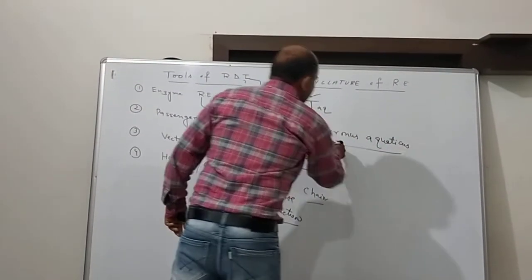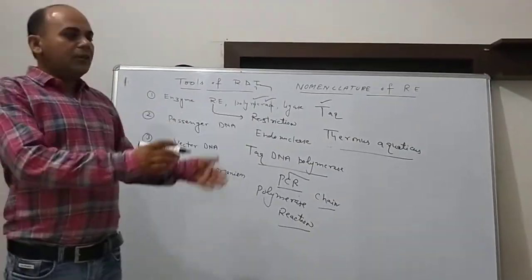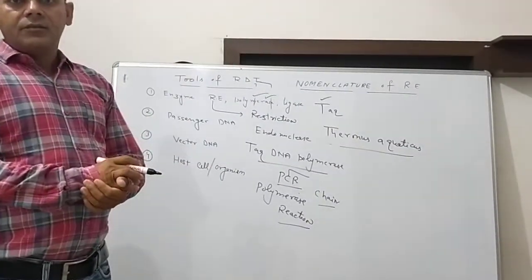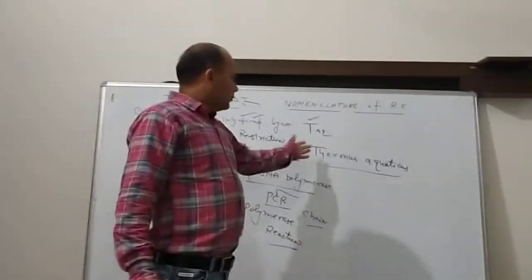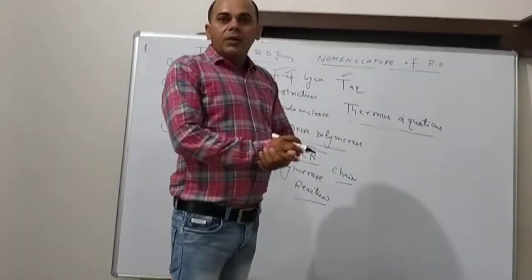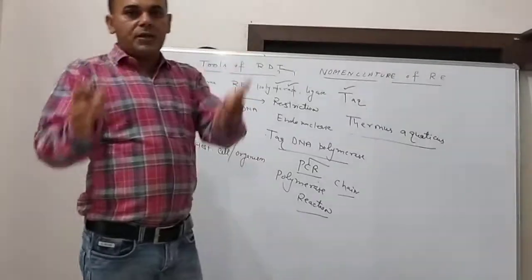Thermus aquaticus is the name of a bacteria. This bacteria can tolerate a high range of temperature.